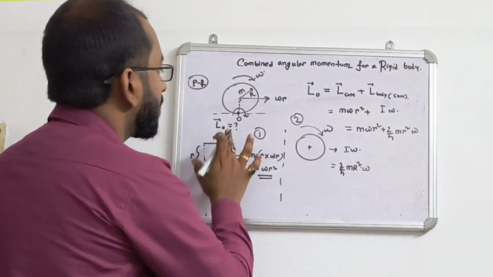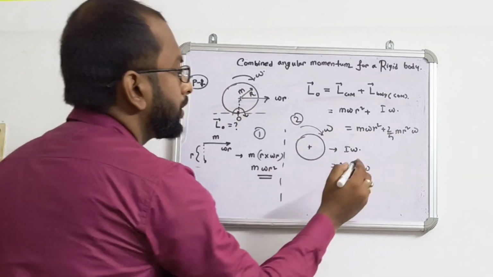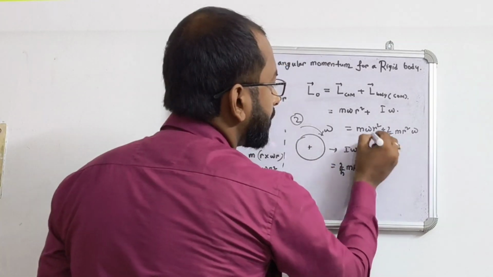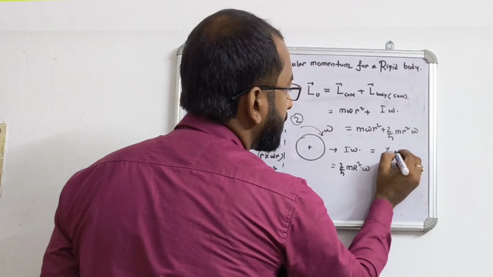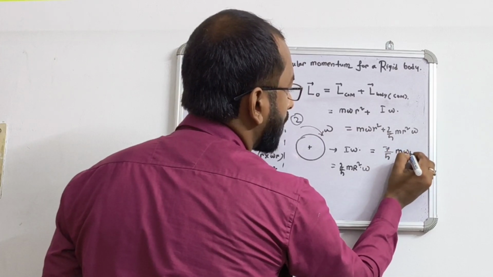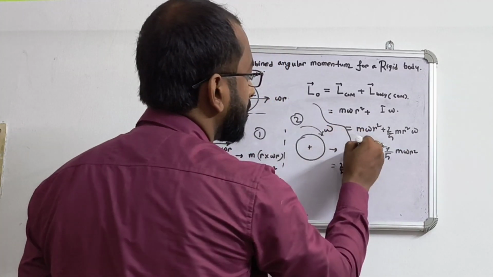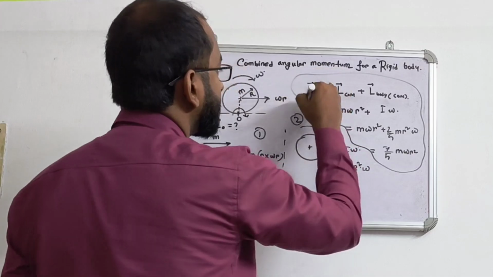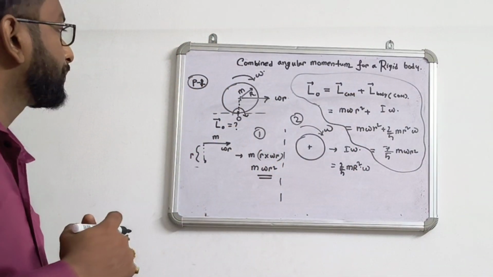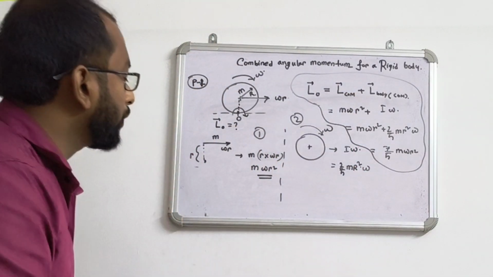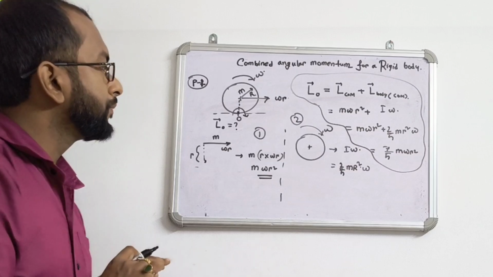So the net angular momentum with respect to this point is this plus this, which becomes 7 by 5 m omega r square. That is the angular momentum with respect to the instantaneous fixed point O. Now what is the direction of this angular momentum?